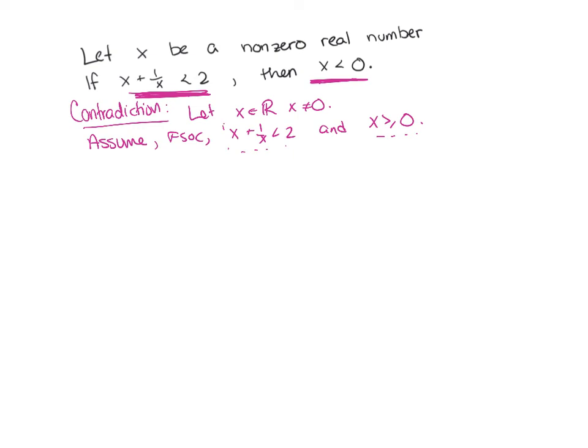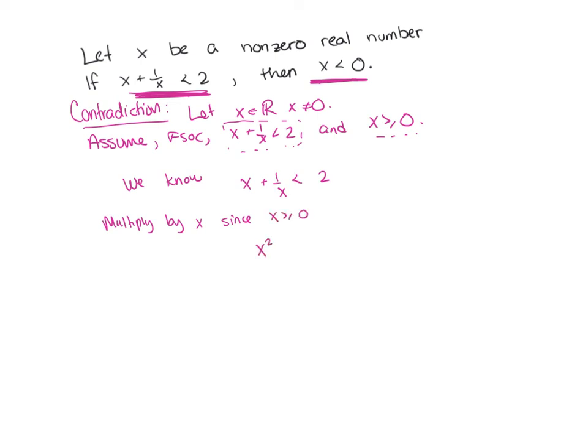So before, remember, I wasn't allowed to work with my inequality because that wasn't part of my assumption, but now I can. So we know that x plus 1 over x is less than 2. Did not draw an x there, so let's fix that. We can multiply by x since x is greater than or equal to 0.